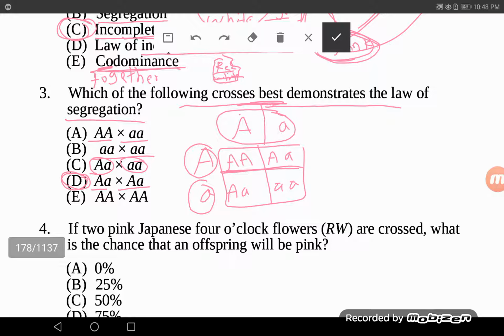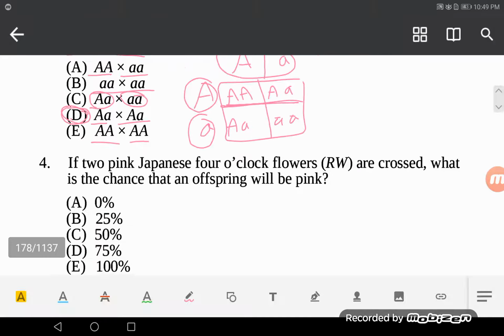So the answer for the question is D. In the case of E, both are homozygous, so we cannot see any change in the offspring. The same offspring will be formed. So this is the third question. I hope it's clear. And now let us move to the fourth question.